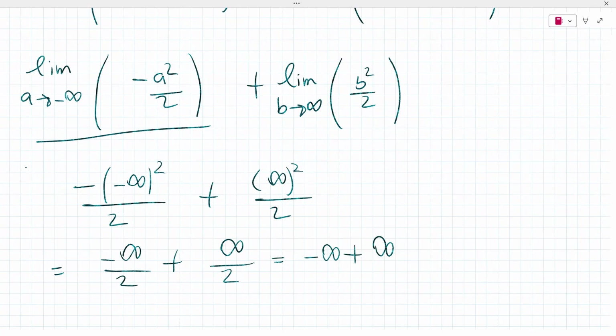So it's going to diverge. But negative infinity plus infinity does not equal 0. We just don't know what this very small number is, and we don't know what this very large number is.